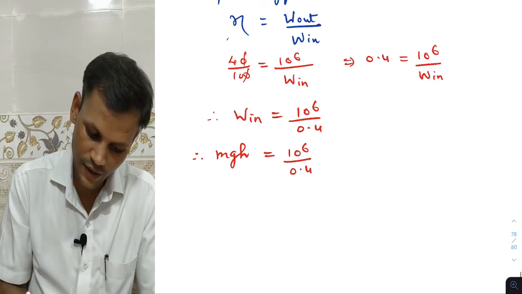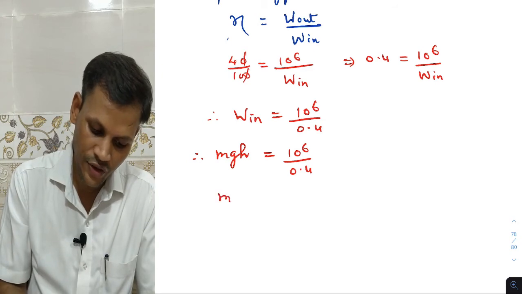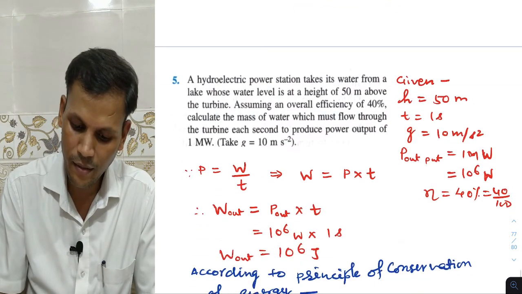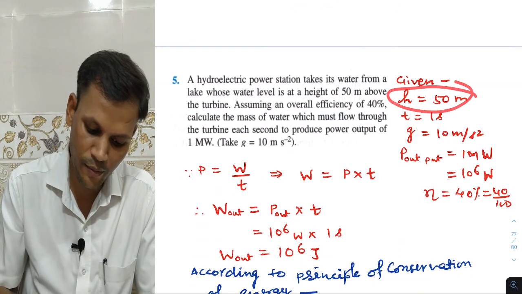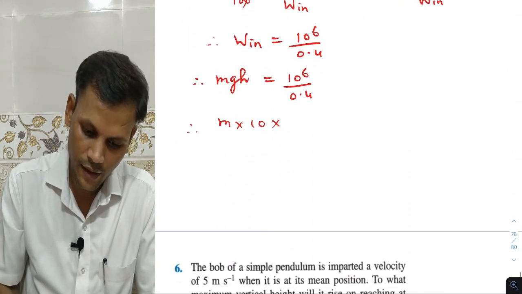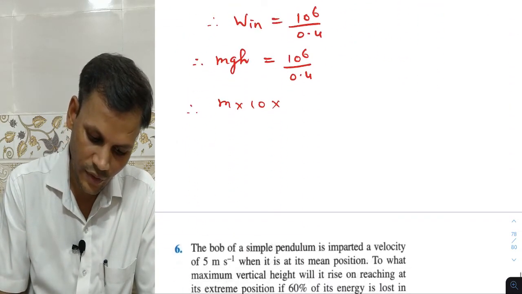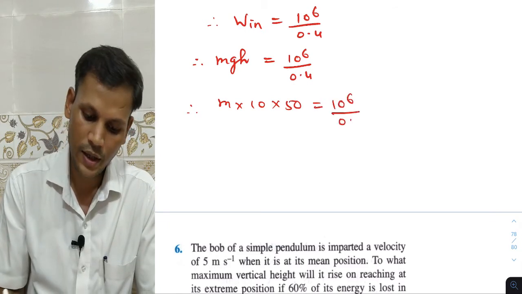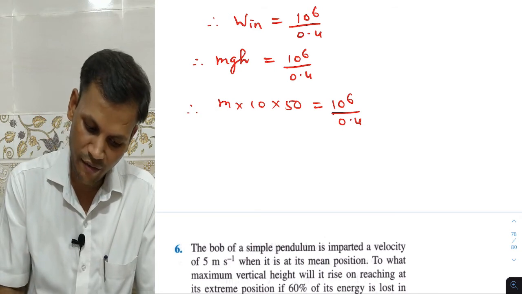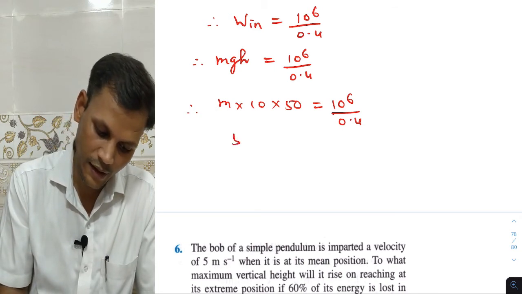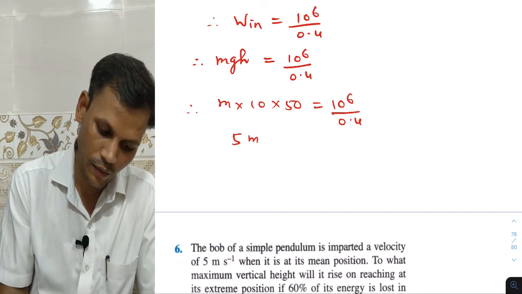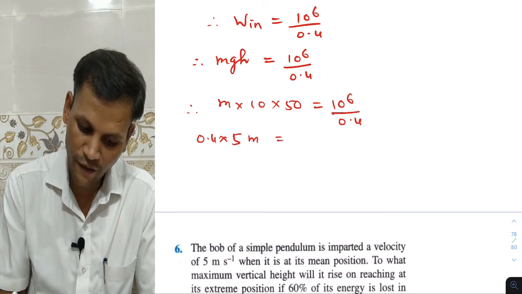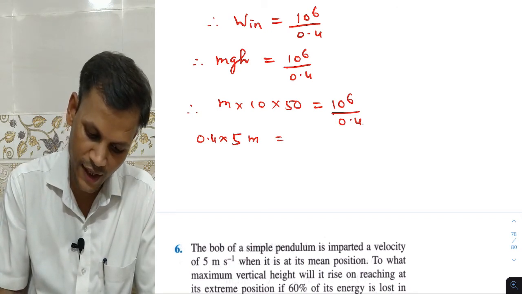So m is to be found out, g is 10 and height is, what is the height? Height is 50 meter. So 50 m is equals to 10 raised to 6 upon 0.4. So we can write 5 m into 0.4, and these two zeros cancel, 10 raised to 4.